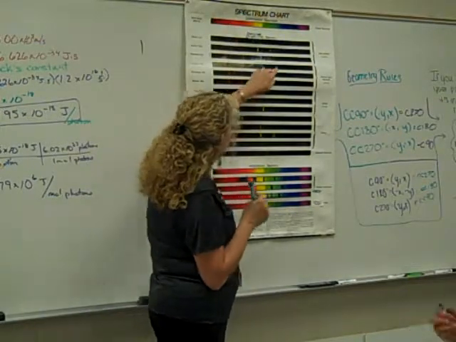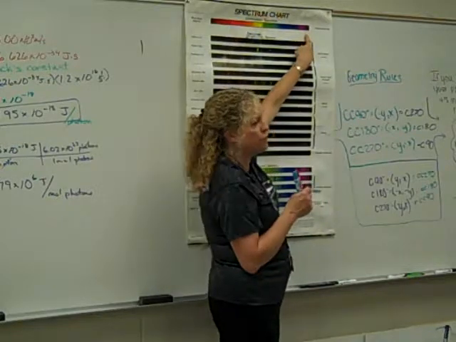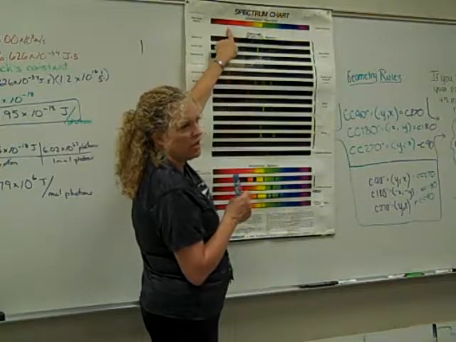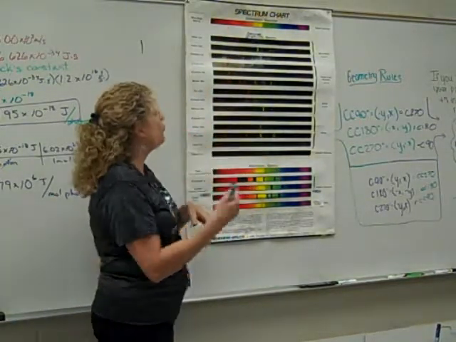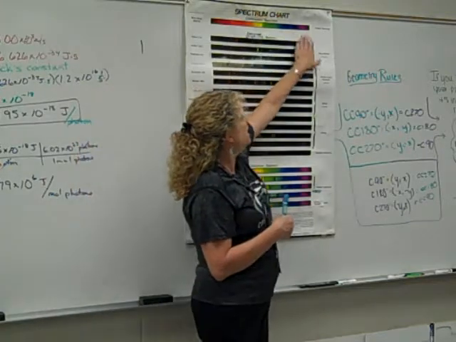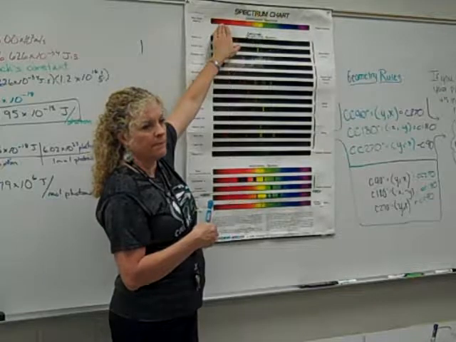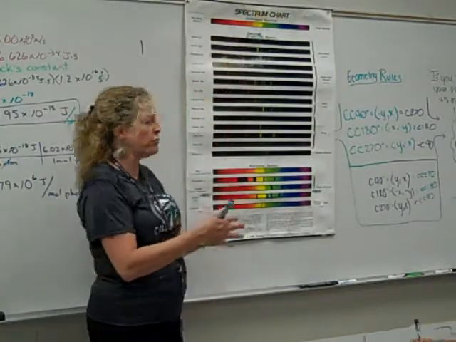And it runs from, this says 390, I usually say about 400 to 700. That's an easier range to remember. So 400 to 700 is violet light to red light, okay? And that is wavelength. Those are nanometers, 400 to 700.